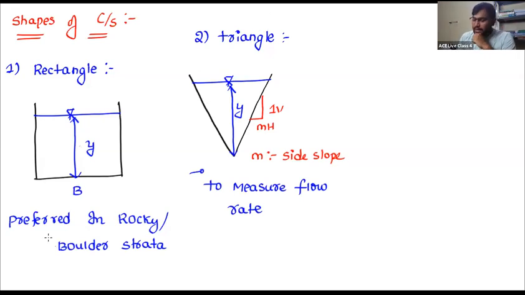And rectangle is used whenever there is a rocky strata or boulder strata. Now comes the trapezoidal. A lot of people have a doubt why we mostly take the trapezoidal. I have cleared this doubt for those who attended the geotech.